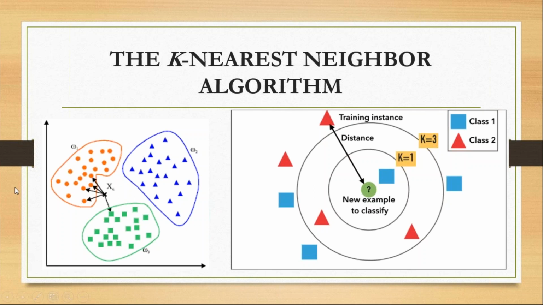Here, on a certain value of k, I will try to determine which is closest, and on that basis determine which class it will go to. So, one question to all of you: is KNN supervised learning or unsupervised?